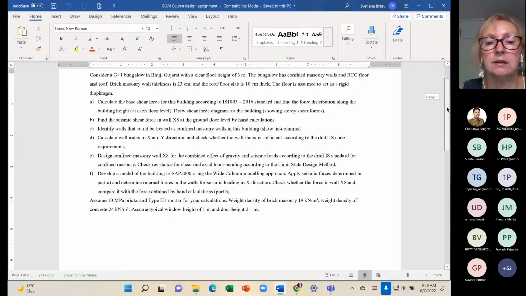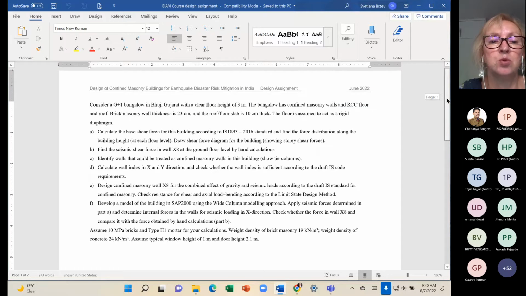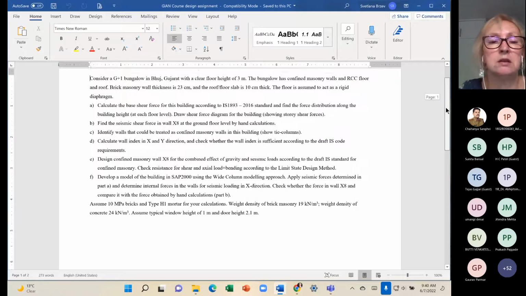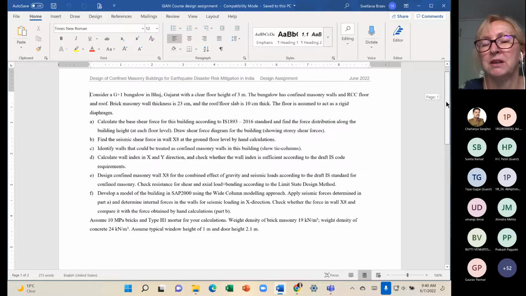Anyways, if you haven't seen it, we'll go over it and then you can look at it later. So it is a G+1 building, a low-rise building in this case, but whatever we apply with this assignment could be used in taller buildings. I think for the sake of your convenience, a lower-rise building was chosen.